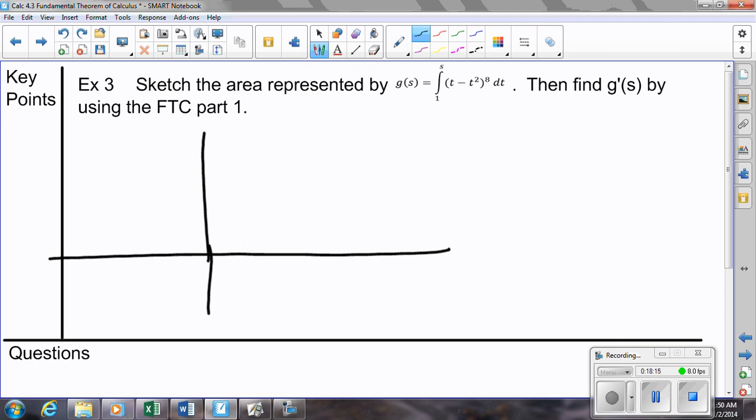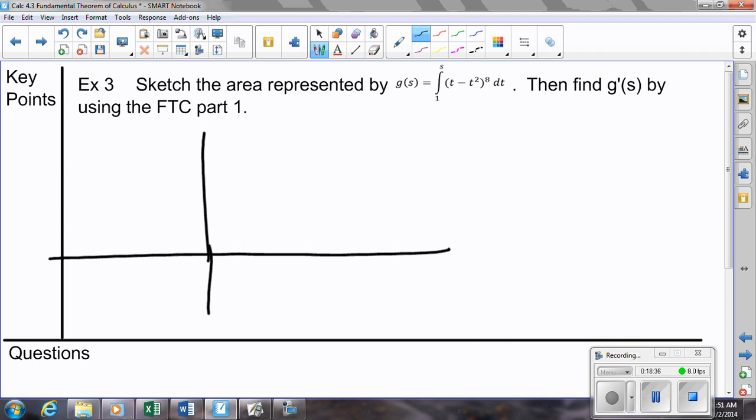I'm assuming people are going to vote, hey, let's plug this into the calculator and get the picture. Fine. We can use our graphing calculators to get the picture for what t minus t squared all to the 8th looks like. If you're not going to use the graphing calculator, we know that we could use the first derivative test to get some minimums and maximums. We could get the y-intercepts. We could go through all our graphing techniques that we were developing in our last unit to create the picture.